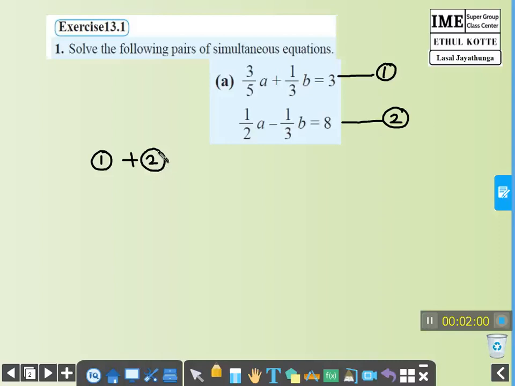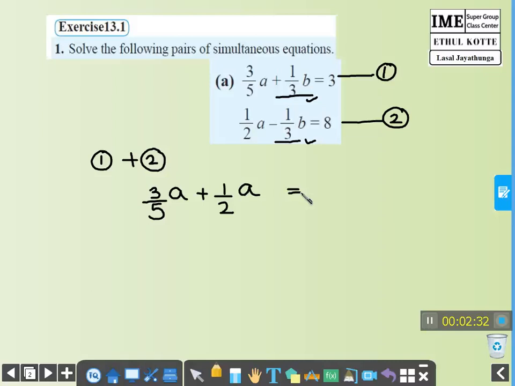Right, firstly we'll add the first two terms. Then we should add plus 1 upon 3b and minus 1 upon 3b. But no need to add them, because when you add them, these two terms get cancelled.